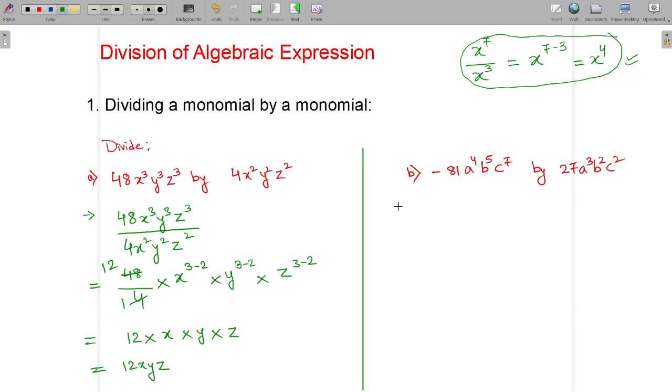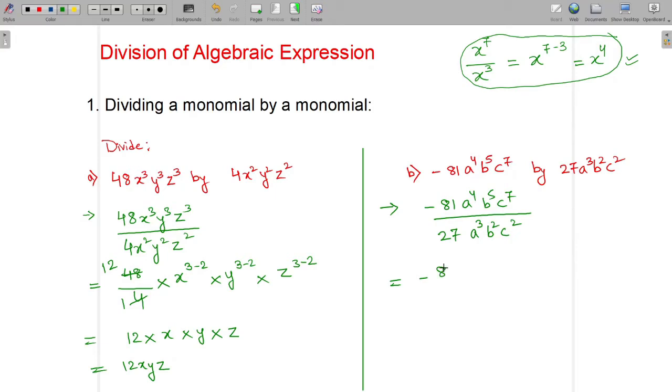So we got 12xyz. So we'll follow the same process to solve this. So it's minus 81 a to the power 4 b to the power 5 c to the power 7 divided by 27 a to the power 3 b to the power 2 c to the power 2. So what we will do?